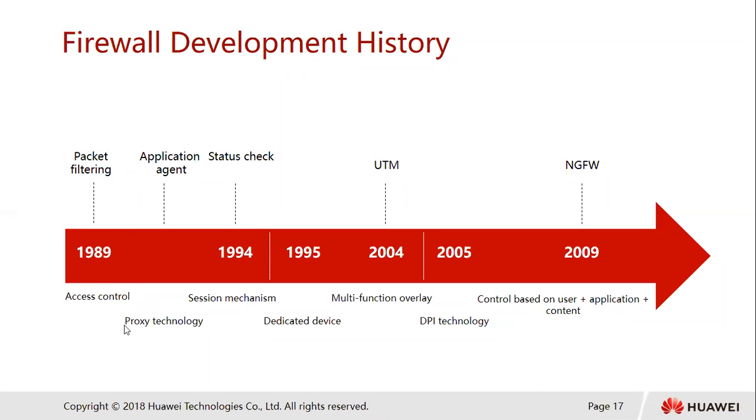Then later came the proxy firewalls. With the proxy, how it works is like this. When the device wants to go to the internet, it has to go to the proxy. The proxy will do the searching and whatever for that device.